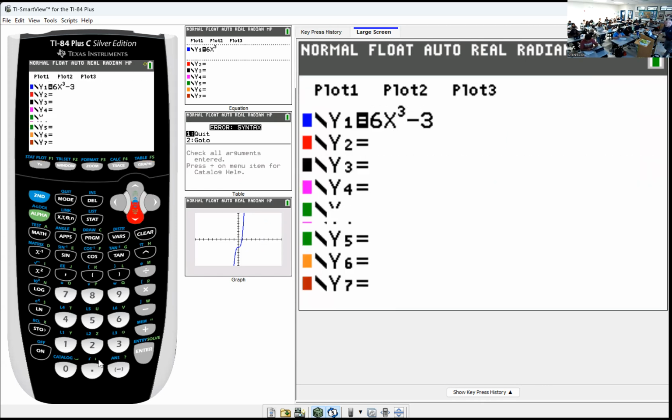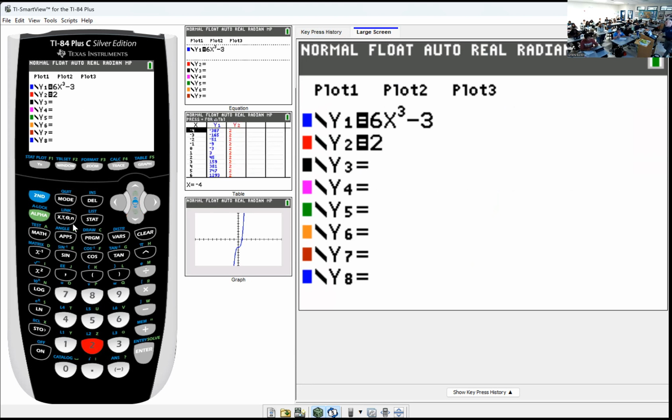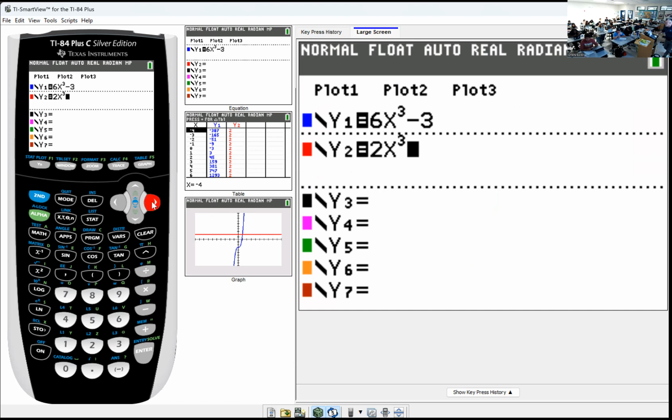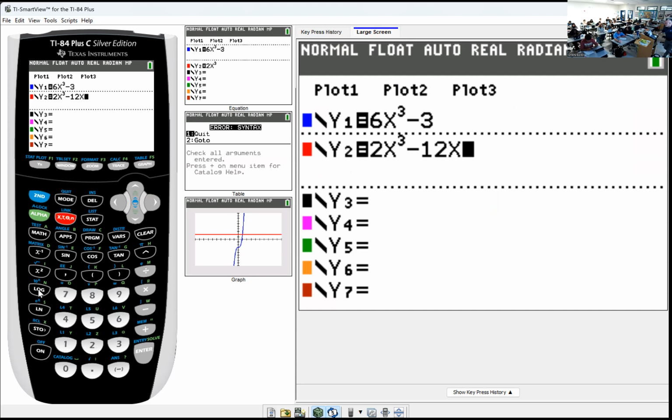And it is 2x cubed minus 12x squared plus 24x minus 17. Make sure we got that in correctly. 2x cubed minus 12x squared plus 24x minus 17.